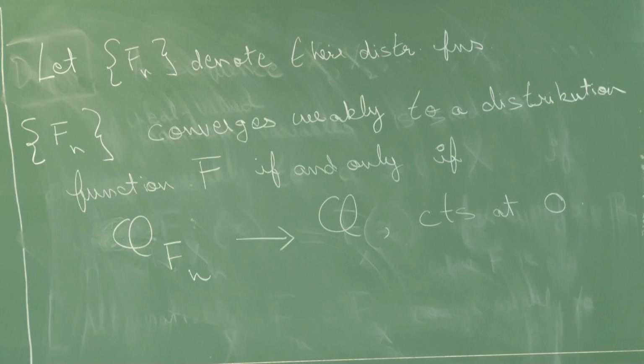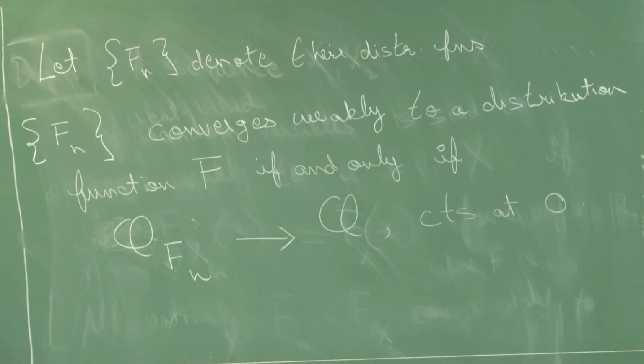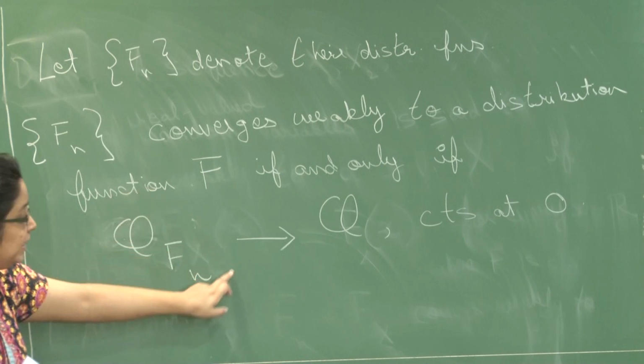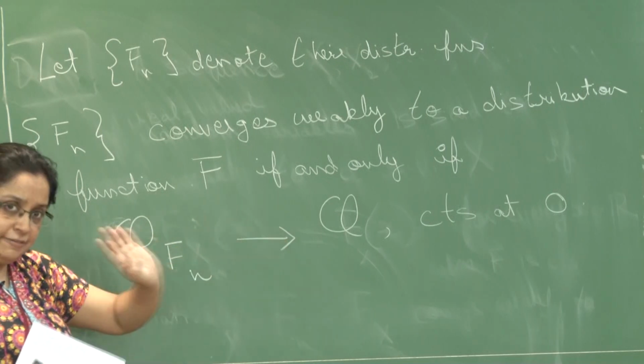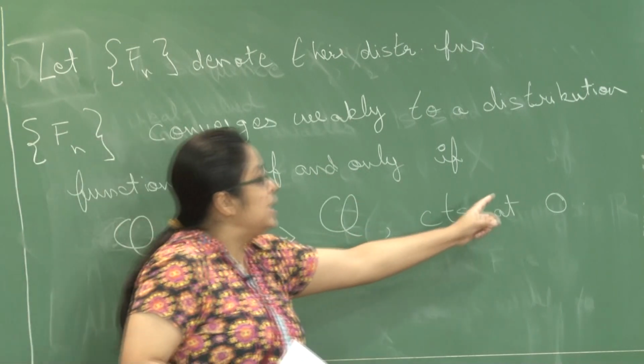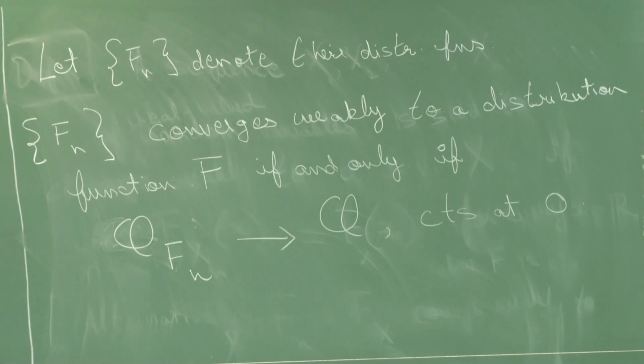Okay. So, to say that a sequence of distribution functions f sub n converges weakly to a distribution function f is equivalent to saying that their corresponding characteristic functions converge to some function which is continuous at the point 0. So, in order to study weak convergence, we can translate the study into the convergence of our characteristic functions. So, this is where the motivation comes from.